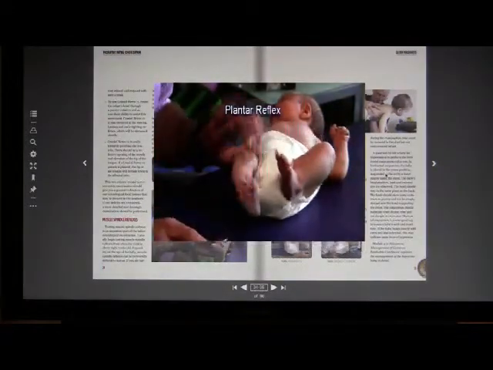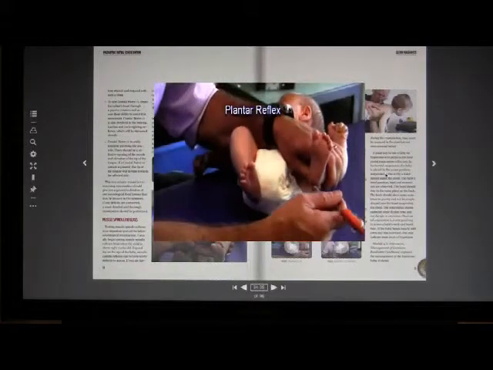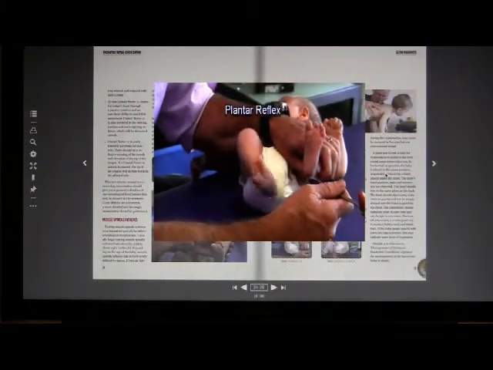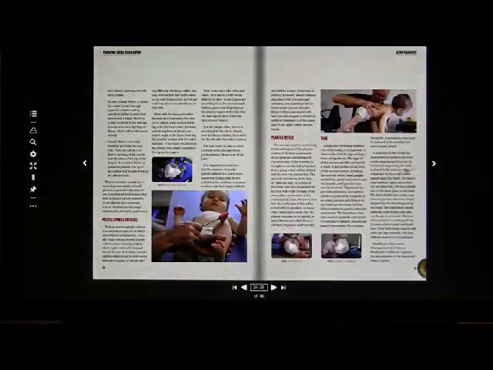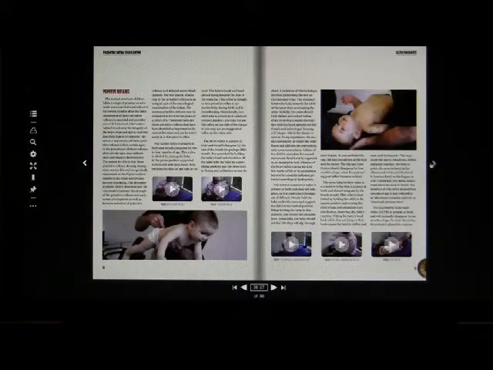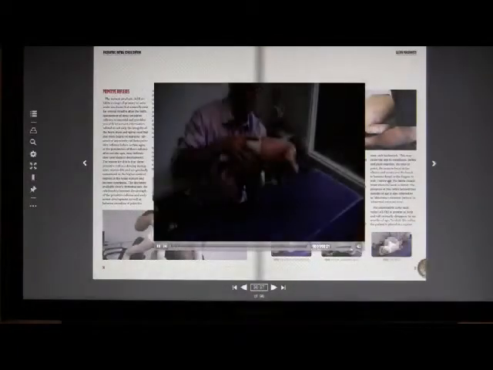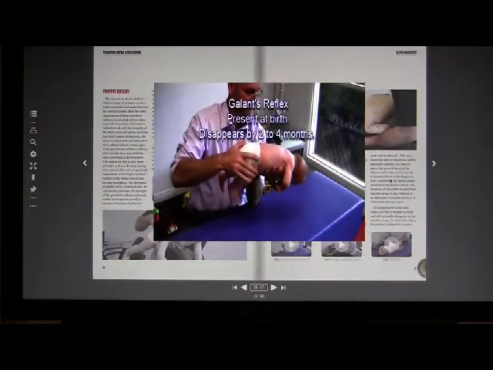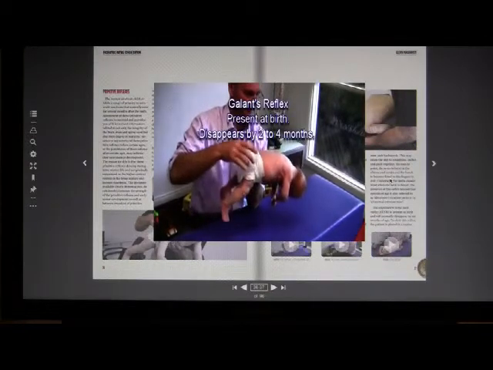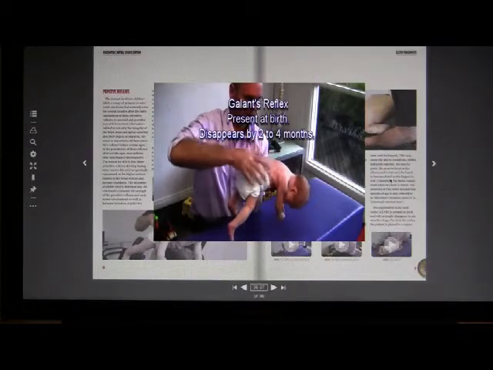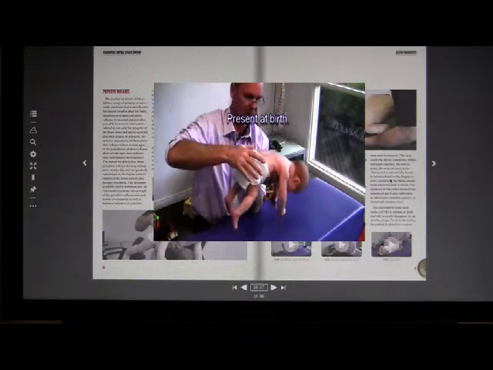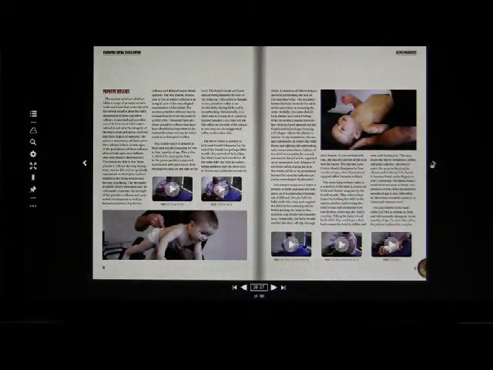Whether this be a specific neurological examination such as this plantar reflex examination, testing for the presence of primitive reflexes such as this Galant reflex, perhaps testing an infant with a pull to sit test to determine whether the child is meeting age-specific milestones.